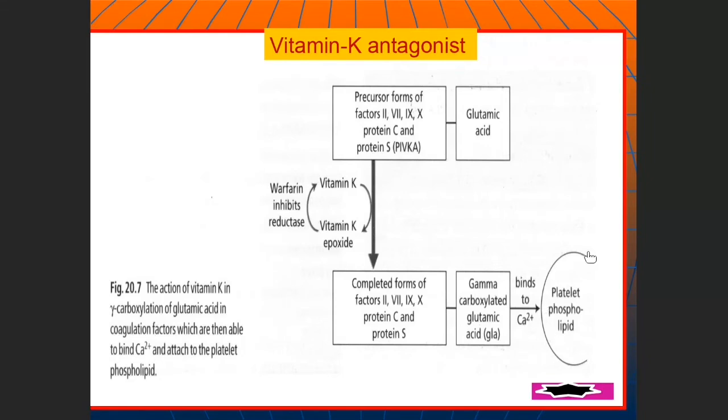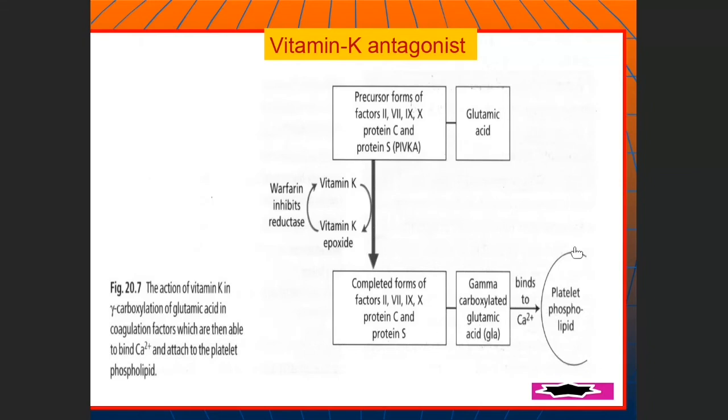So vitamin K is important to produce the physiologically active forms of factor 10, 9, 7, and 2. Without vitamin K, they are inactive. They cannot bind to the phospholipid surface of platelets on which the coagulation reactions take place.